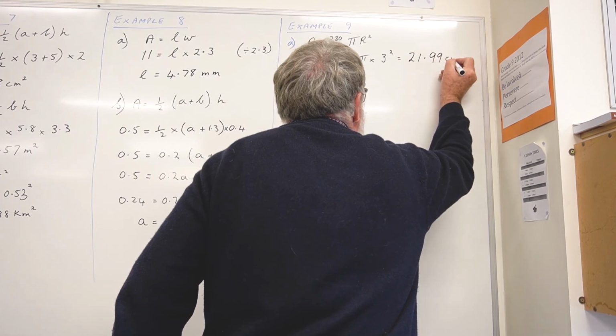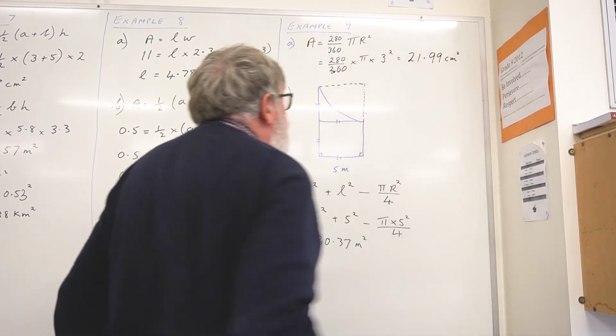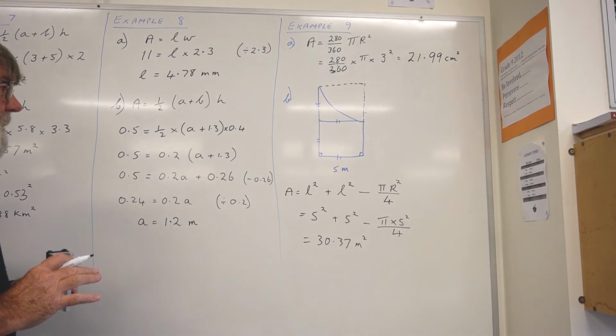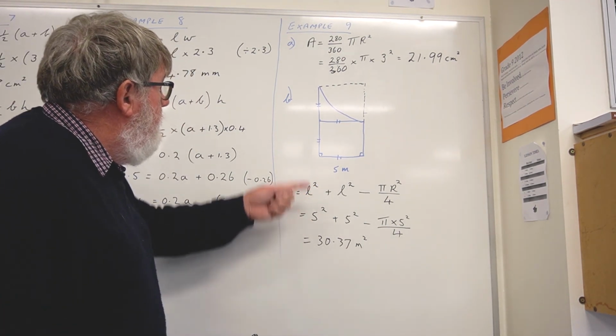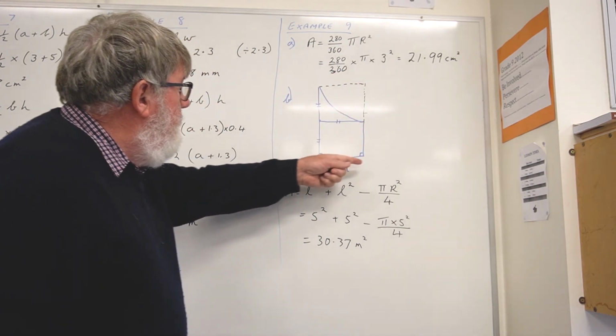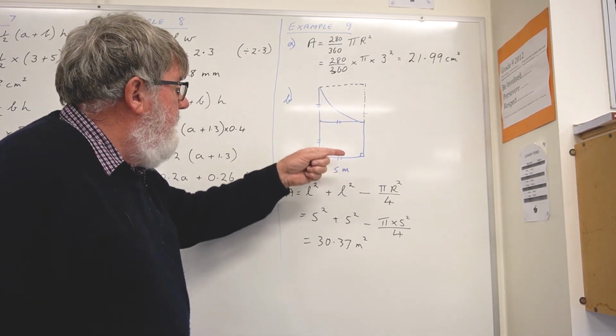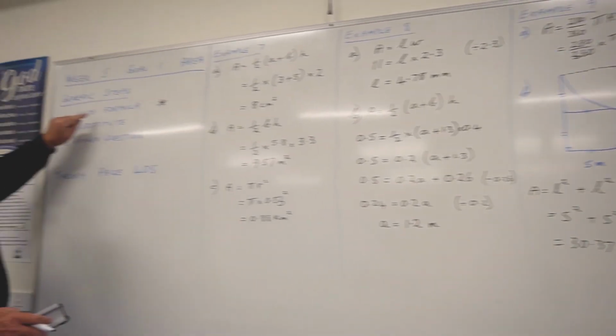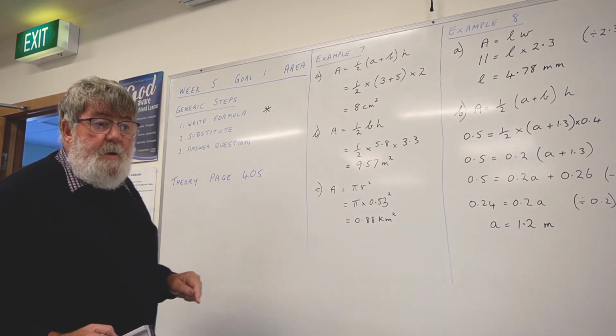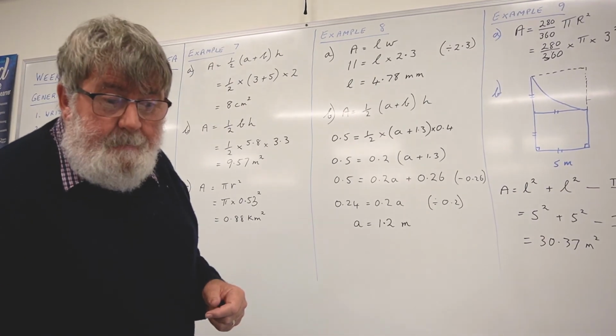So just go back and correct that. But again, I emphasise, have a look at how easy this was compared with what you might have thought looking at it in the first place. It all comes back to write the formula first. If you write the formula, then the rest just drops out.